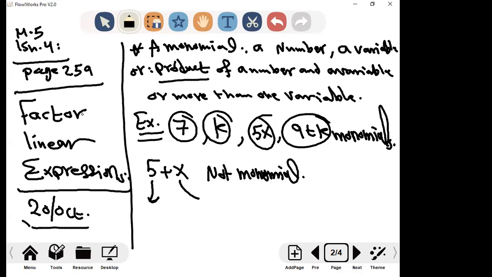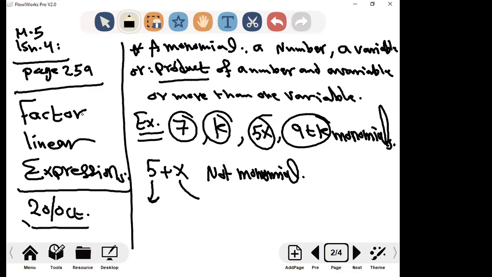Factoring. What's the meaning of factoring? To simplify something into small things. Like the 6. How do we factor 6? 2 multiply 3. How do we factor 15? 3 multiply 5. So we have factoring for the linear expression also.